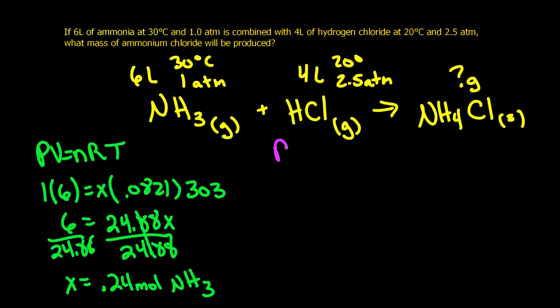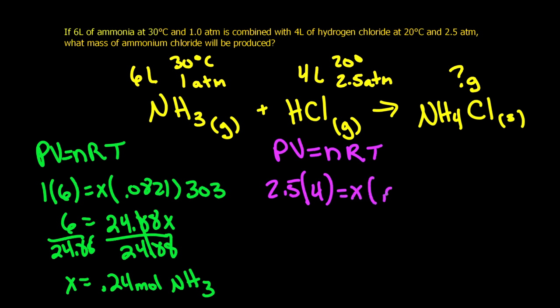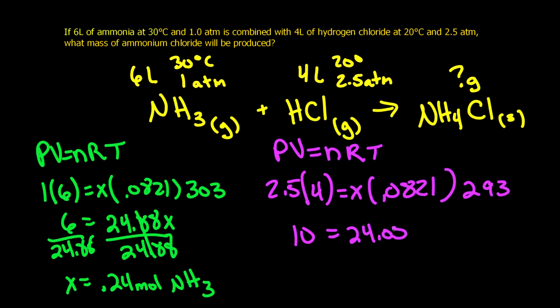Do the same thing again for hydrogen chloride. Pressure for it is 2.5. Volume is 4. N is what I'm looking for. R is 0.0821. Temperature is 20 plus 273, so 293. 2.5 times 4 is 10. 0.0821 times 293 times x is 24.05x.